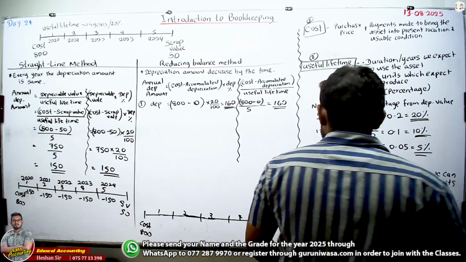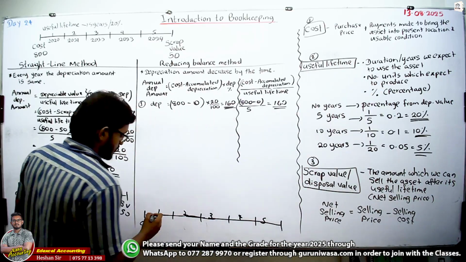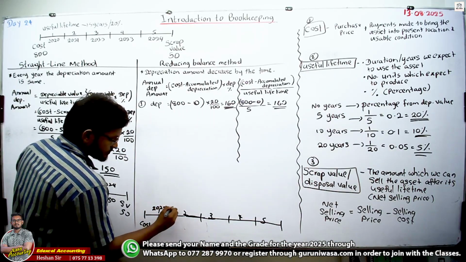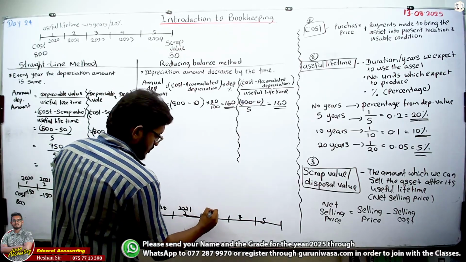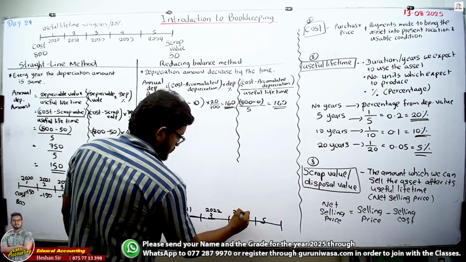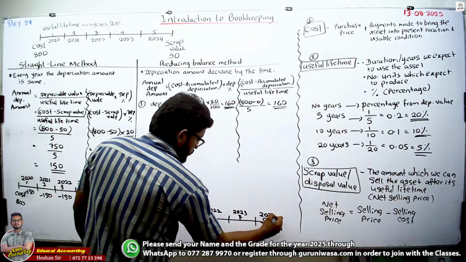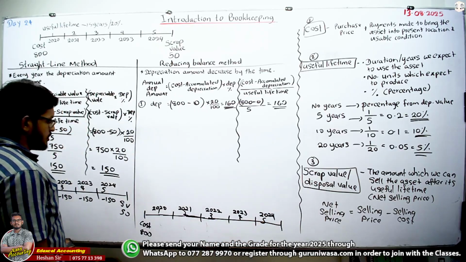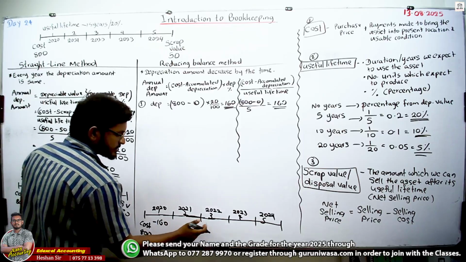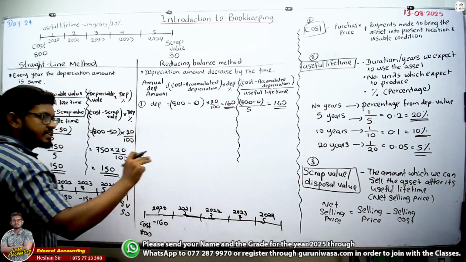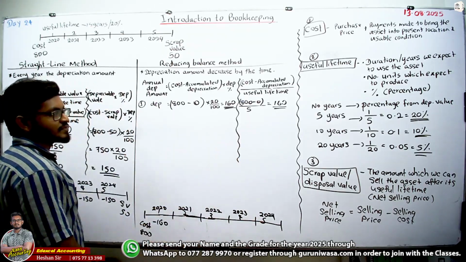I told you we don't concern about the scrap value. 2020, 2021, and so on. First year, the value we decrease is 160. I told you that here the next year depreciation, the value we decrease is also decreasing.